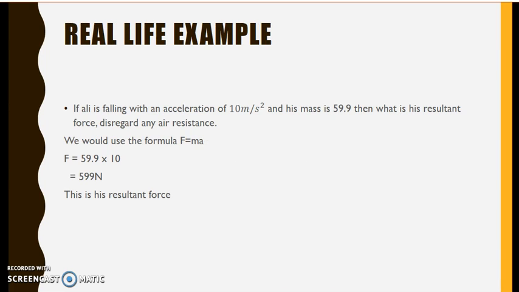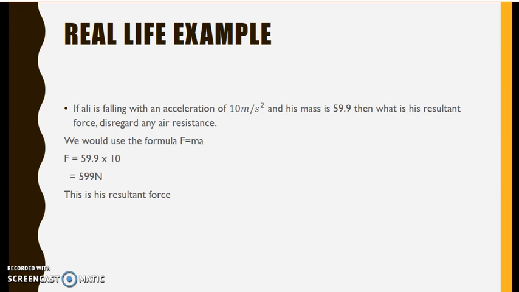Next, real life example. If Ali is falling with an acceleration of 10 meters a second squared and his mass is 59.9 kg, then what is his resultant force? Disregard any air resistance. We'll use the formula force equals ma because we are trying to find his force.